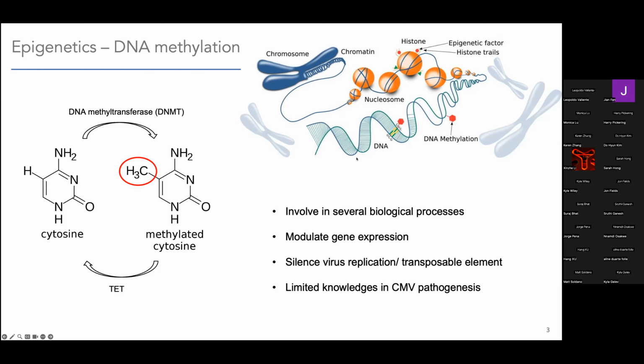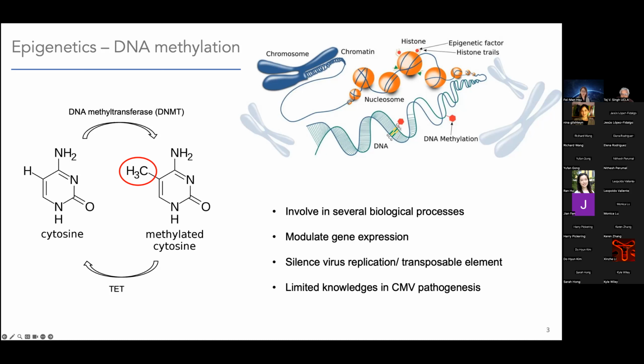DNA methylation has also been recognized to silence some virus replication and transposable elements, like when a retrovirus integrates into the human genome and becomes inactive because it is highly methylated, which keeps these transposable elements from being active.